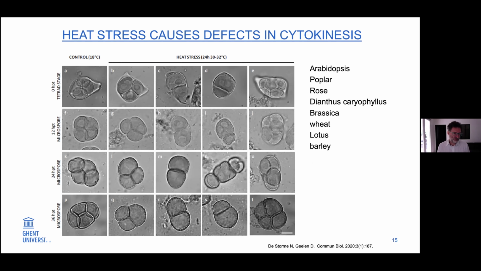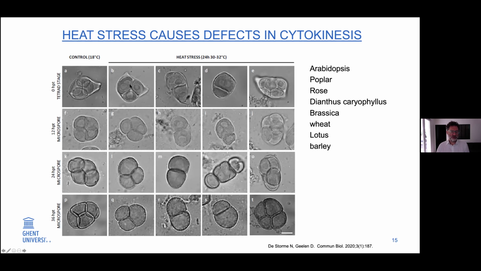Upon heat stress, we see that in a number of cases, these tetrad stage microspores are actually no longer showing the tetrad configuration, but instead 3 or only 2, and in some cases only 1 microspore can be defined. And often what we see is that they contain multiple nuclei.